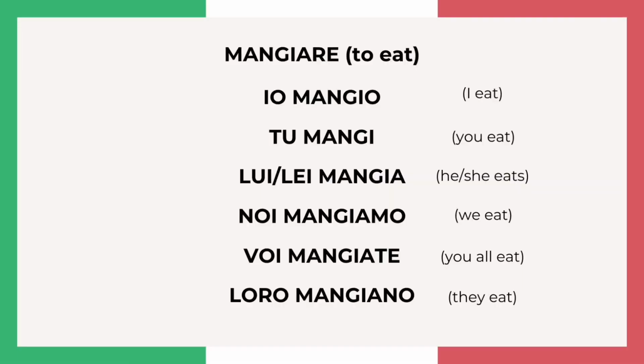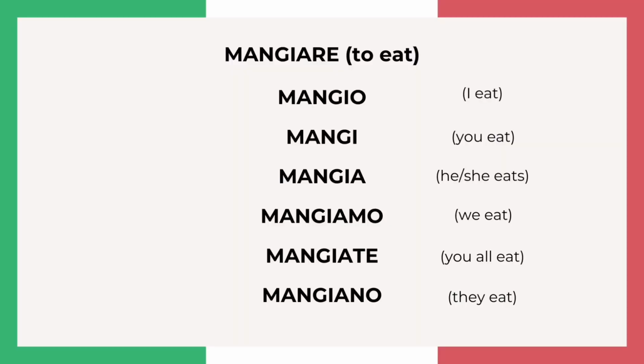Is it I, you, they? But now let's look at the verb mangiare in Italian. The endings of the verb are so differentiated that you can tell the subject just by looking at the verb itself. So to say I eat, I can simply say mangio because the subject is unequivocally io.